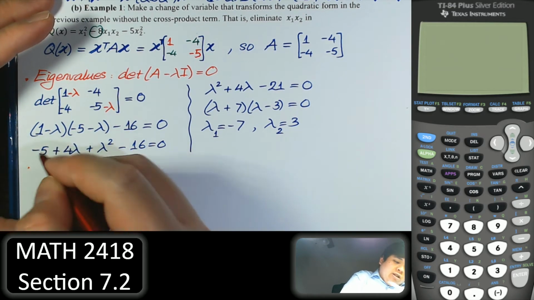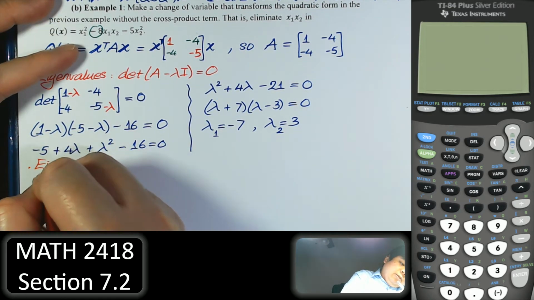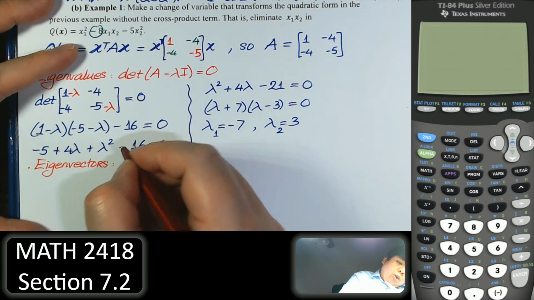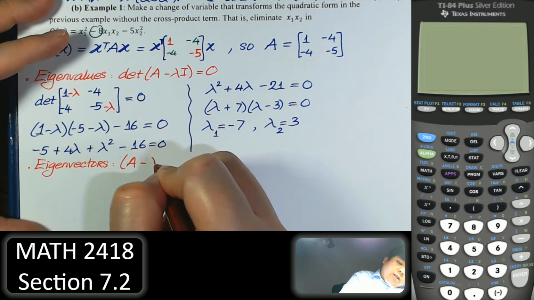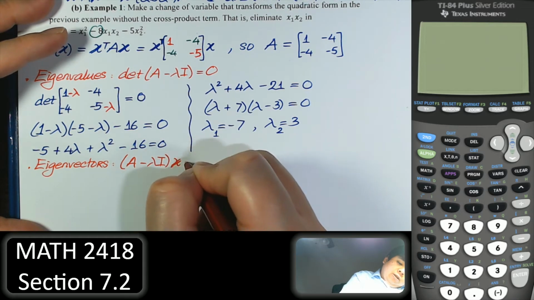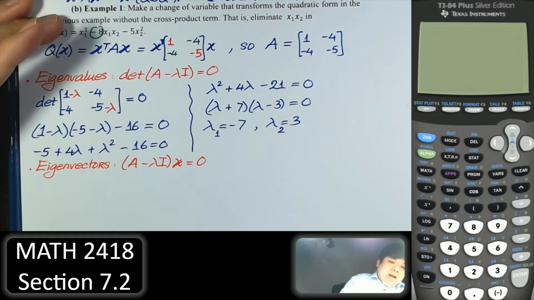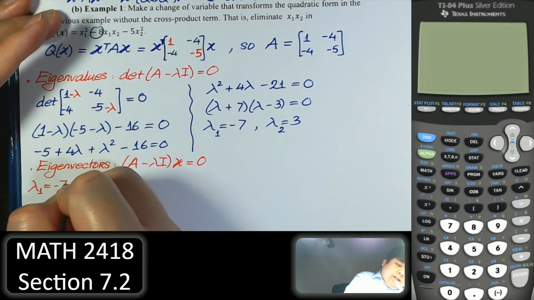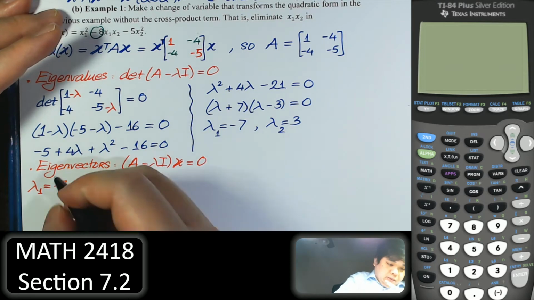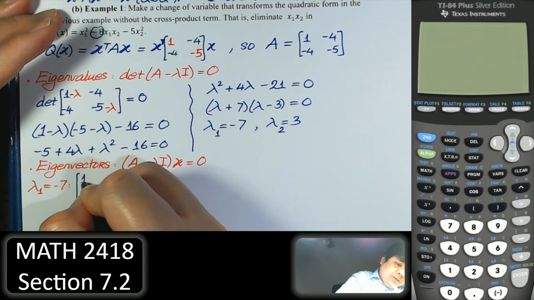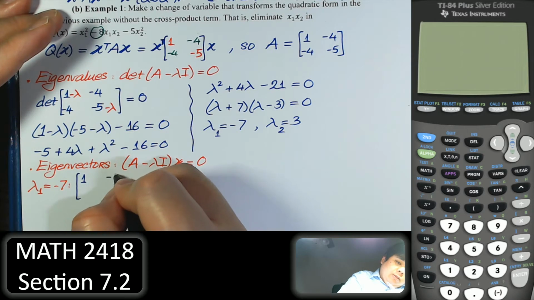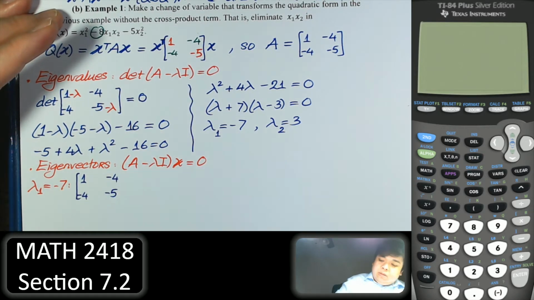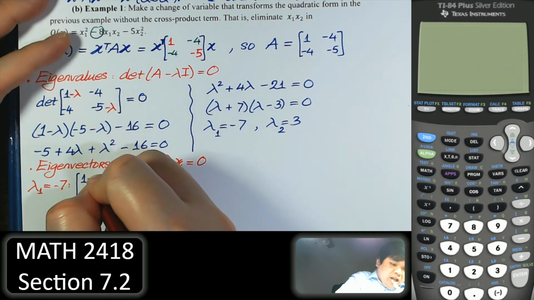Now for the eigenvectors, where we solve this equation. First, for the eigenvalue of negative 7, minus negative 7 is plus 7.